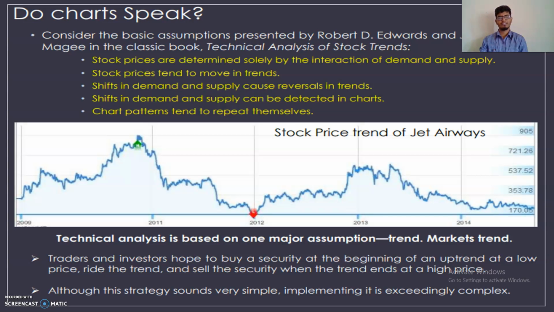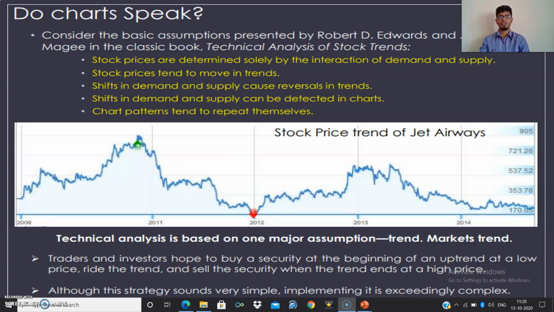Consider the basic assumptions presented by Robert D. Edwards and John Magee in the classic book Technical Analysis of Stock Trends. Their assumptions are: stock prices are determined by the interactions of demand and supply. Stock prices tend to move in trends. Shifts in demand and supply cause reversals in the trends.